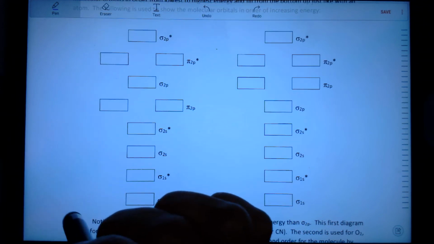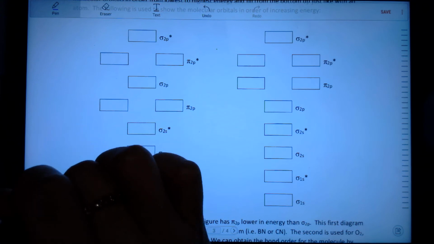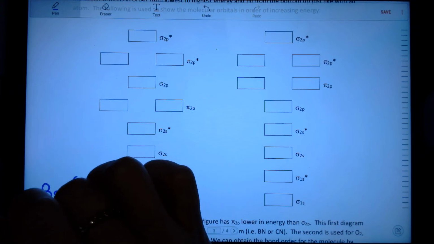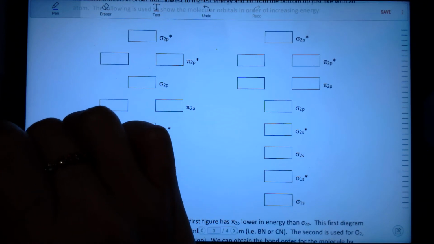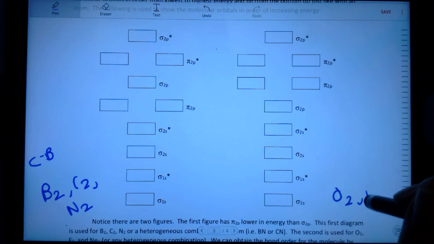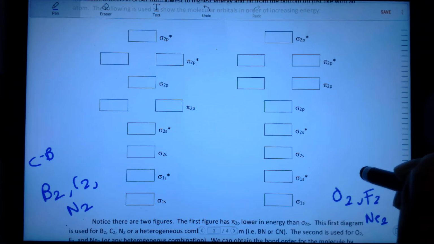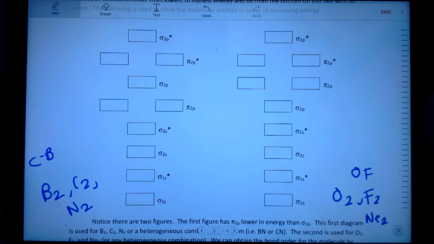This figure over here is the energy order for B2, C2, and N2, or any heteronuclear mixture of those, like a carbon boron diatomic or a nitrogen carbon. The one over here we use for O2, F2, neon, and any heteronuclear combination of those, like OF.